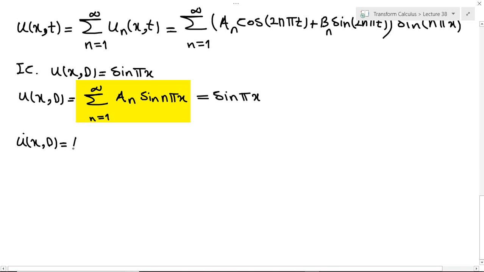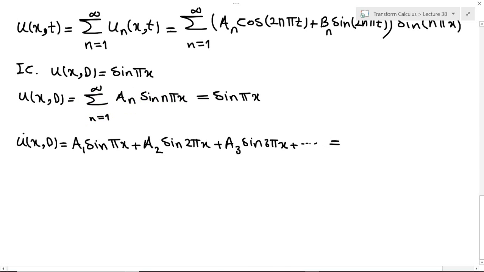If n is equal to 1, we have a1 sine pi x, plus if n is equal to 2, we have a2 sine 2 pi x. N equal to 3, we have a3 sine 3 pi x, and so on. And it should be equal to, based on the initial condition, sine pi x.